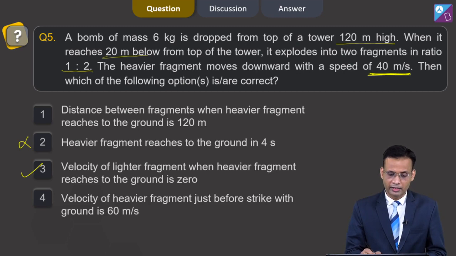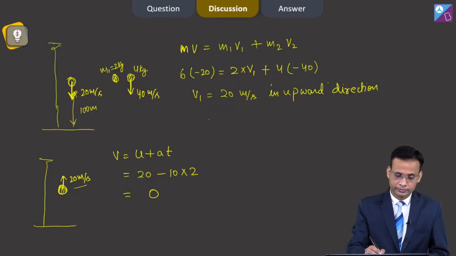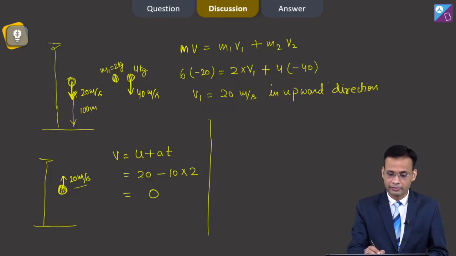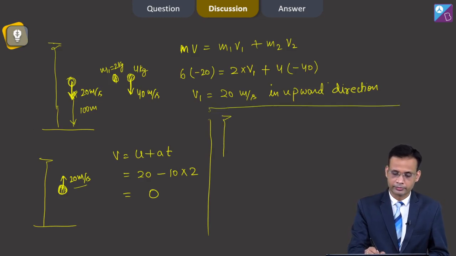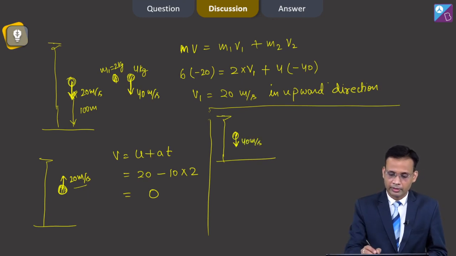So, we know that the heavier fragment has velocity of 40 meter per second in downward direction, and it has to cover 100 meter distance before striking the ground.